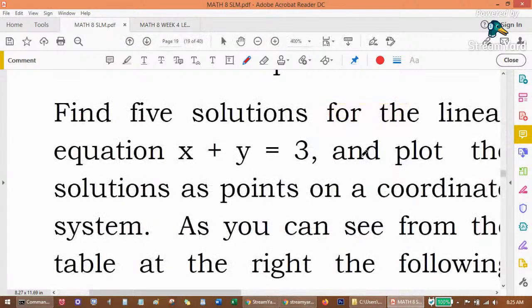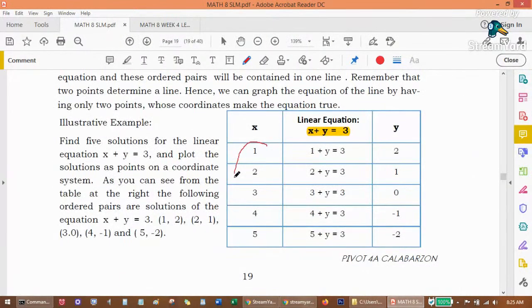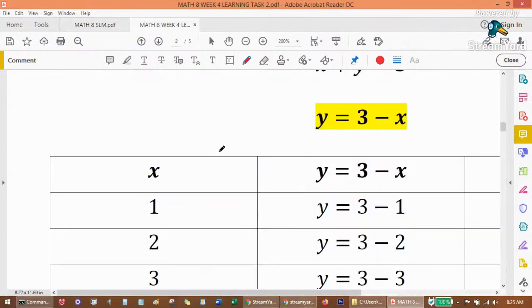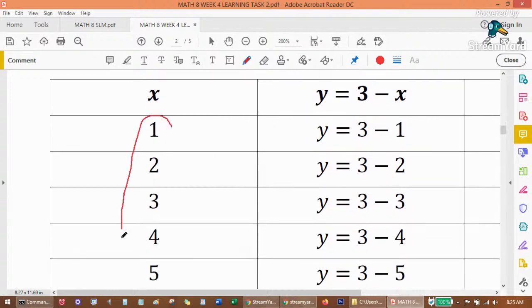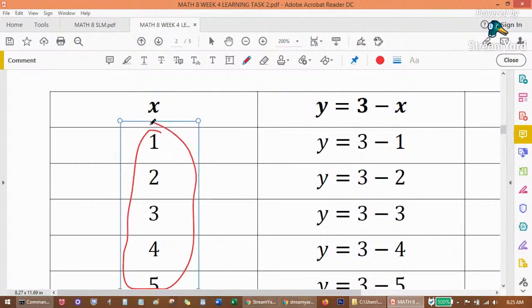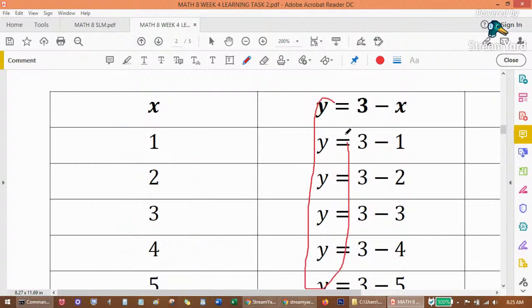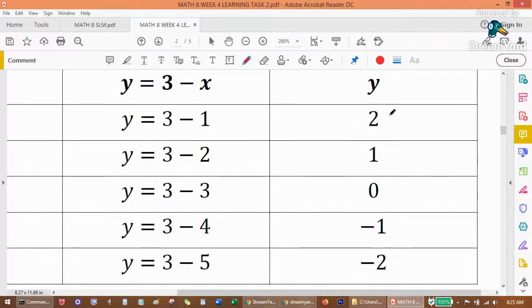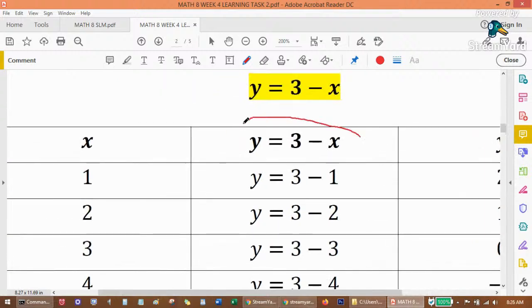Balikan natin yung problem. So, binigay sa atin ang value ng x: 1, 2, 3, 4, 5. So, ang gagawin nyo is kukumpitin nyo kapag ang x is 1, 2, 3, 4, 5, anong magiging value ng y? Okay, so bakit naging 2, 1, 0, negative 1, negative 2 ang y? Because we are going to follow this equation.